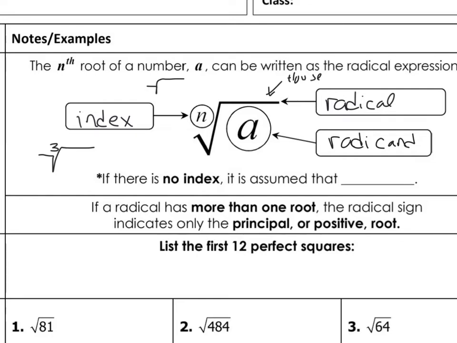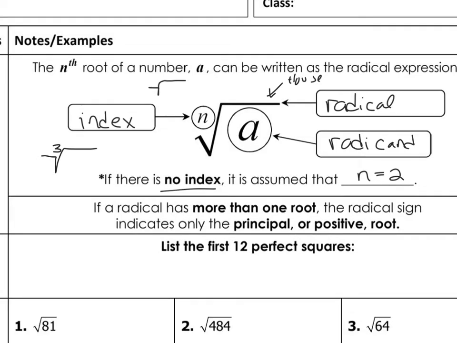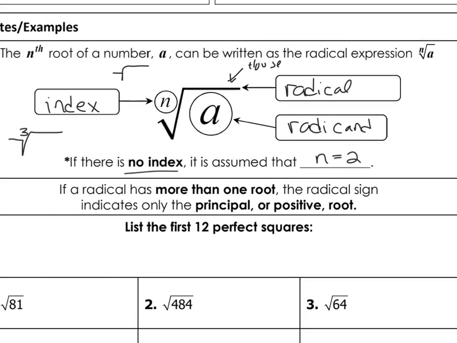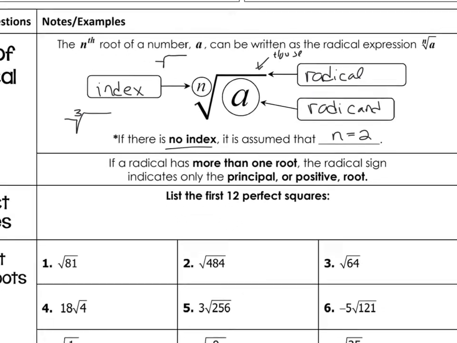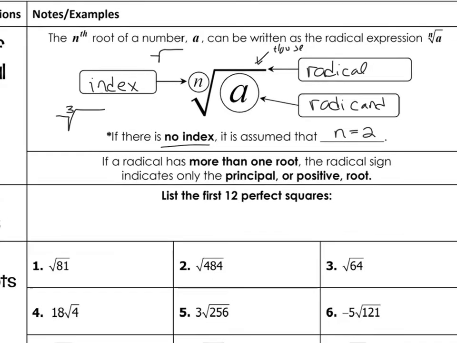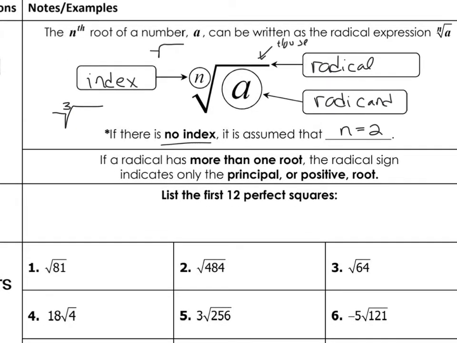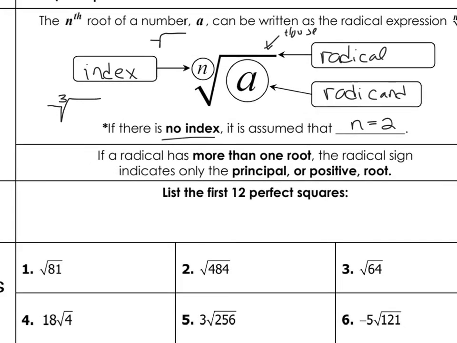If there's no index, it's assumed that the index is 2. If a radical has more than one root, the radical sign indicates only the principal or positive root. And we're only going to be dealing with the one roots listed.